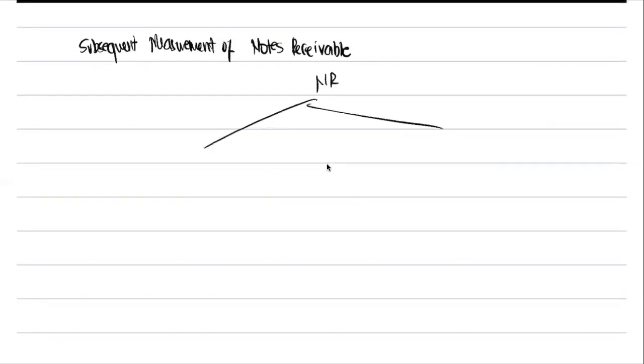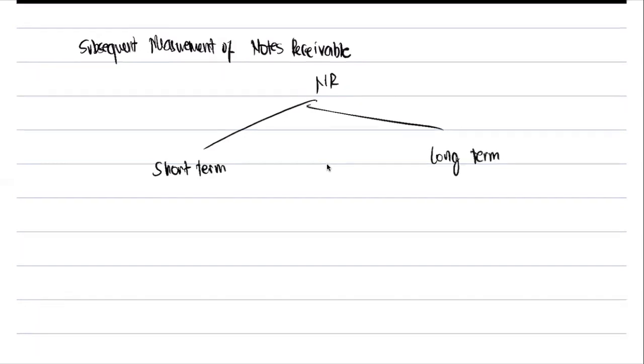Okay, so for subsequent measurement of notes receivable, generally, again, your notes receivable can be classified as either a short-term or a long-term note. If that is a short-term note, that can either be an interest-bearing or a non-interest-bearing note.